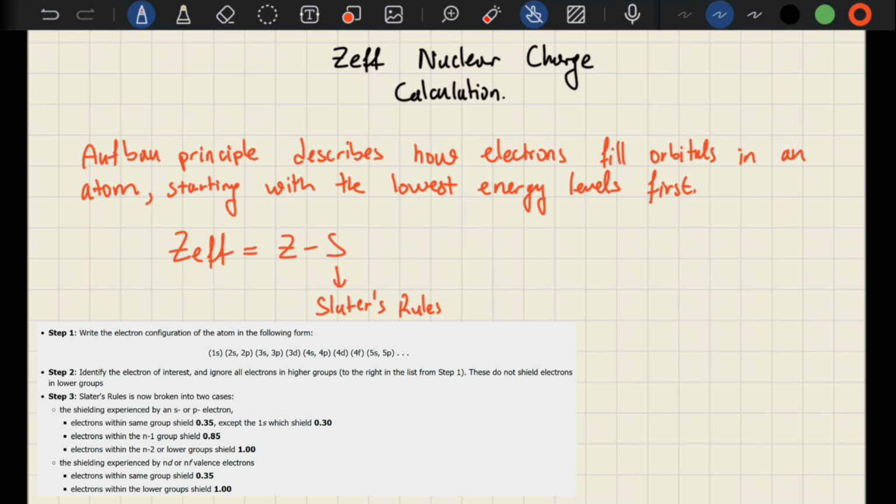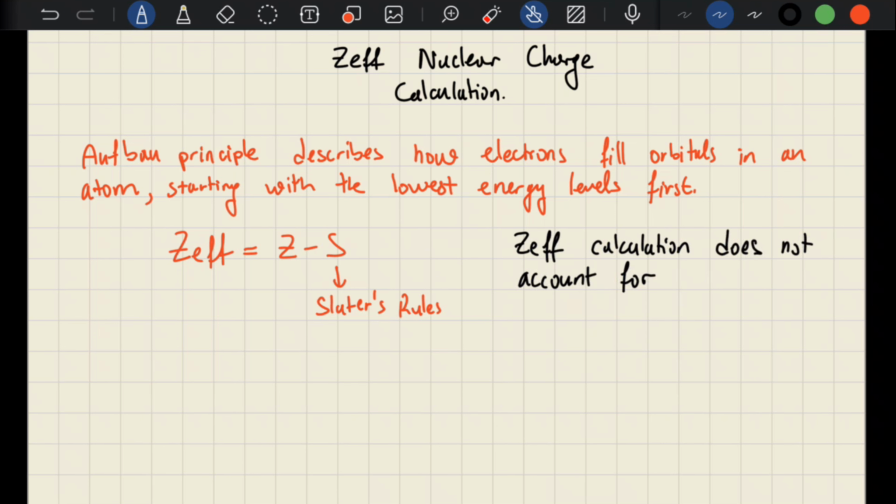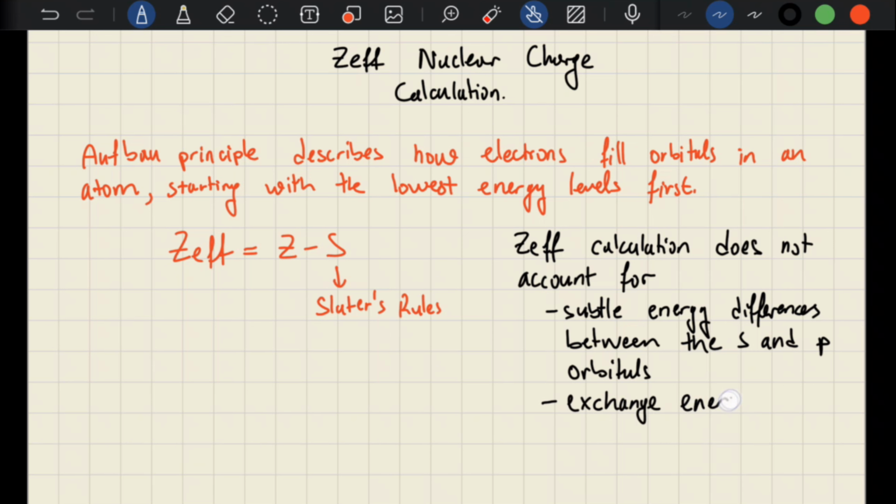And can we use the Zeff? The answer is no, since the Zeff calculation does not account for subtle energy differences between the s and p orbitals, exchange energy, and electron-electron repulsion. And there are some exceptions.